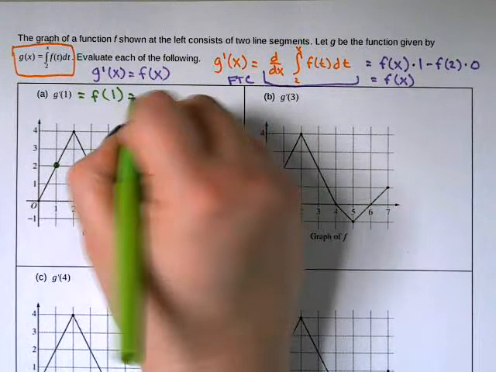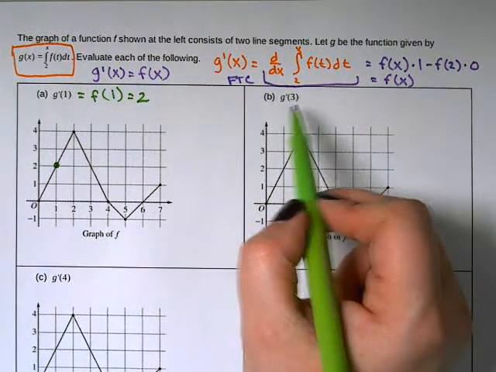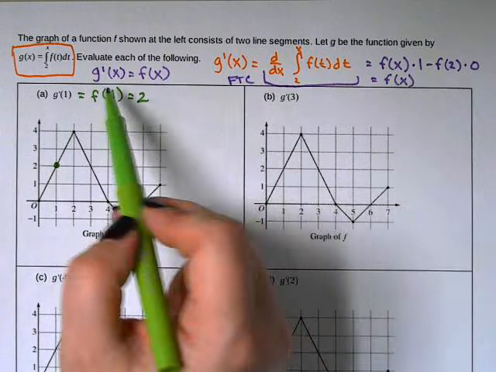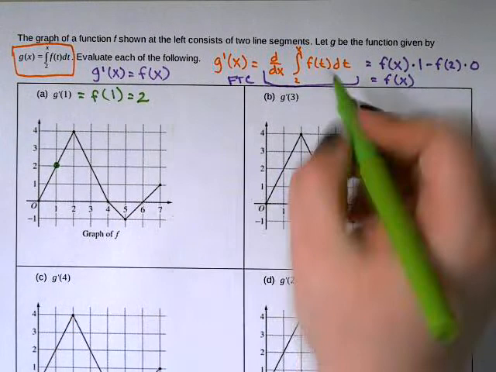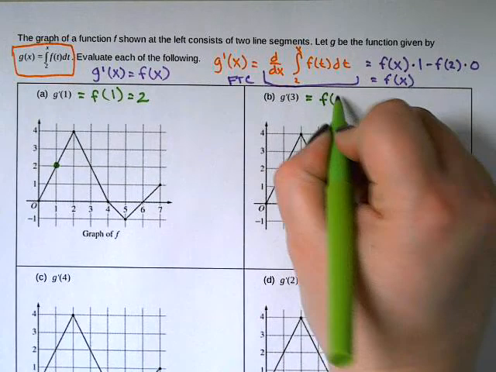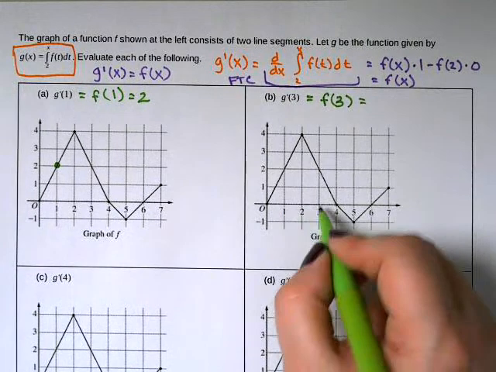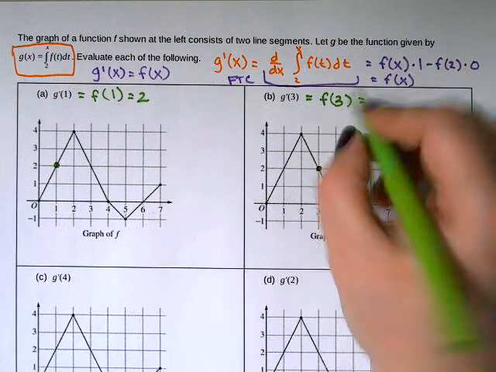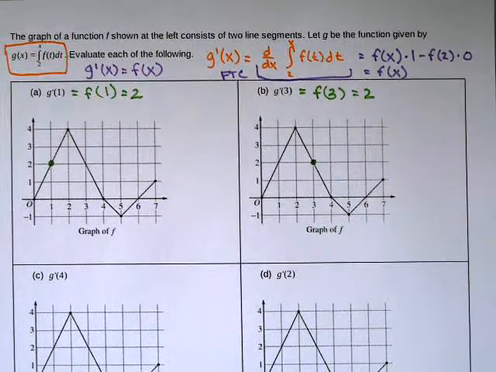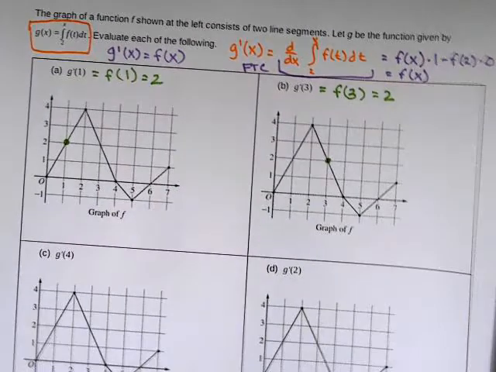My function value is 2. It's as simple as that. If I want g prime of 3, well, we already said g prime of x is just f of x. So g prime of 3 is going to end up being f of 3, which means what's the function value at 3? So here's 3, here's my function value, and it's 2. Alright, we're going to go ahead and skip C and D so we can move on and get to the last part of this.